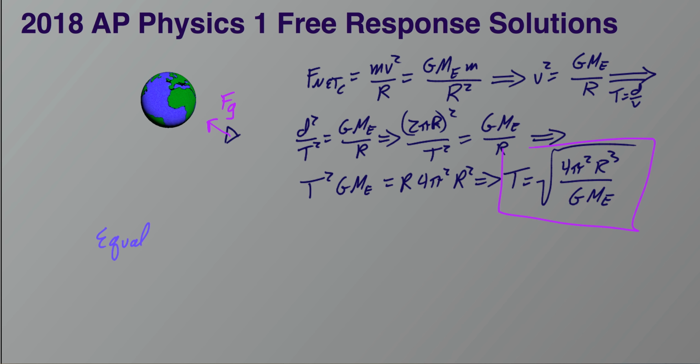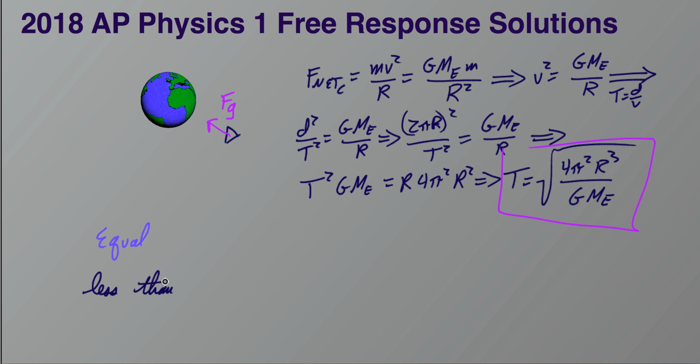And then that moves us over here to part C. On part C, it says this first spacecraft is moved into a new circular orbit that has a radius greater than R. What happens to the speed of the spacecraft compared to the original speed? Well, for part C, I'm going to go with less than.